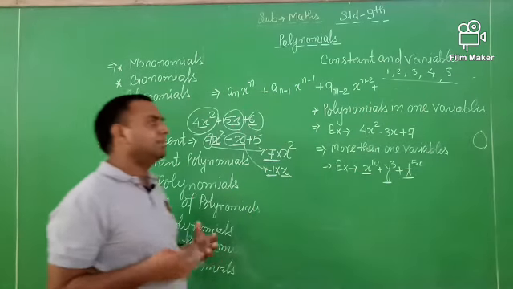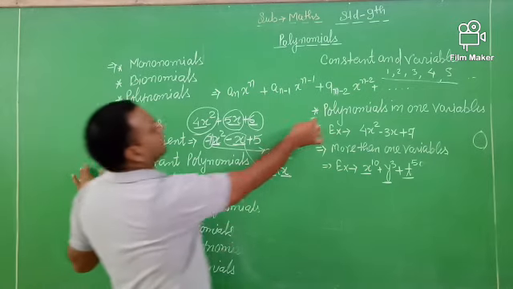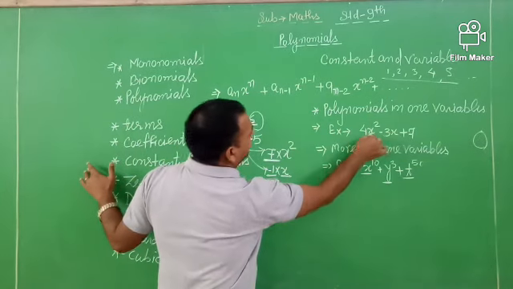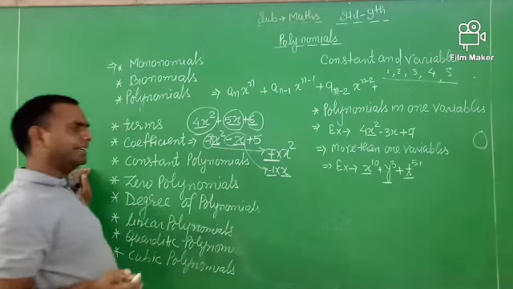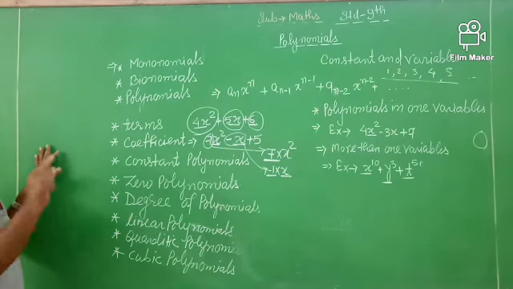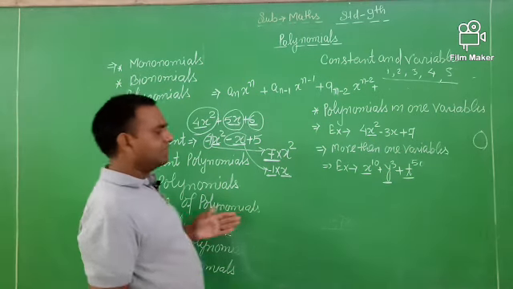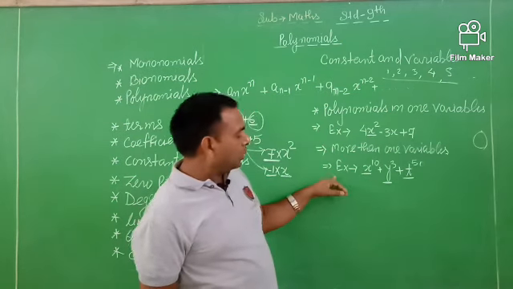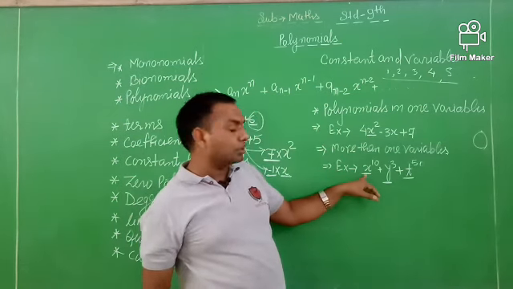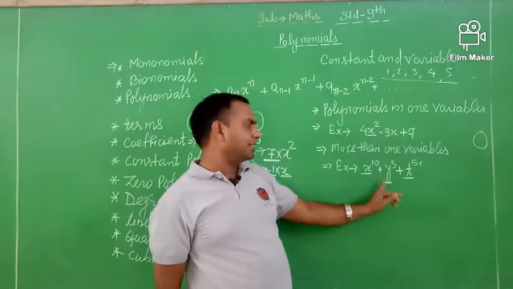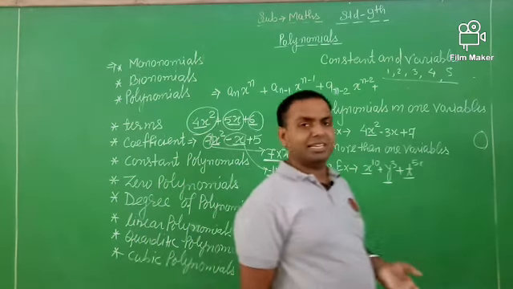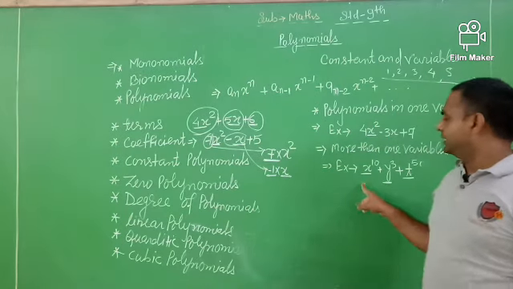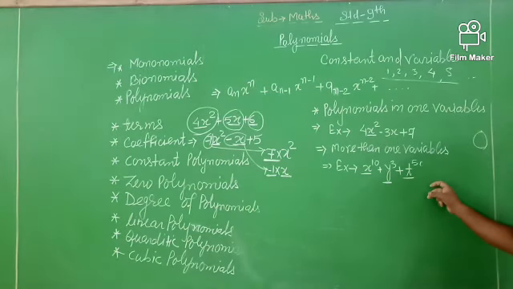If there is only one variable such as x, this is called a polynomial in one variable. A polynomial which has more than one variable, here x, y and t, is a polynomial in more than one variable. I think all of you understand these topics.